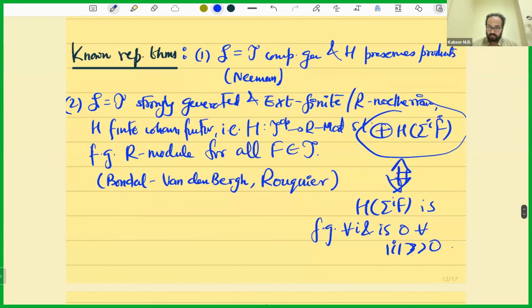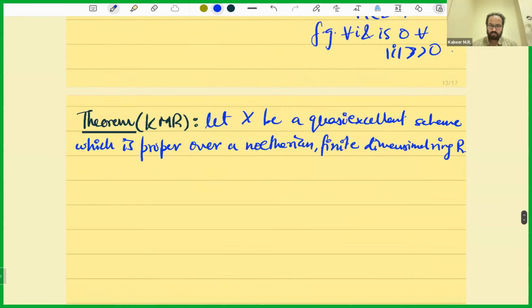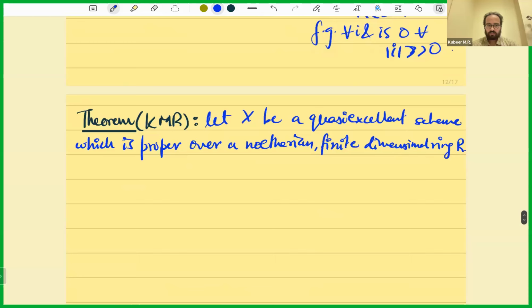Okay, so with all of this said, let us get into the new results. Here is the first theorem.